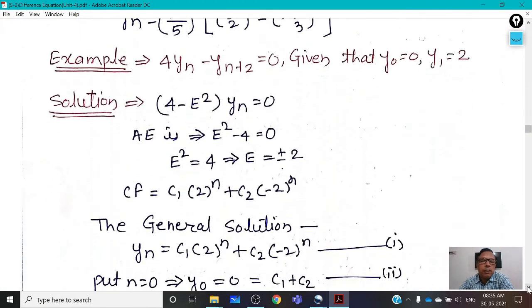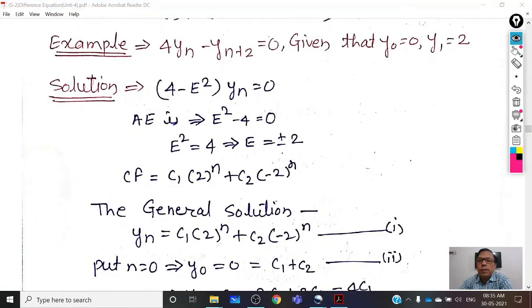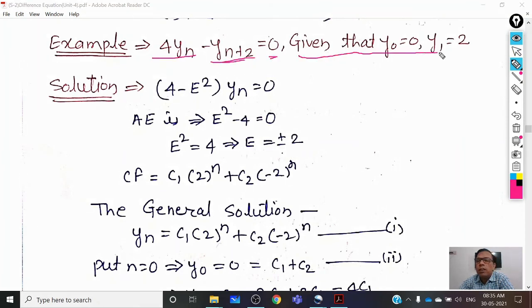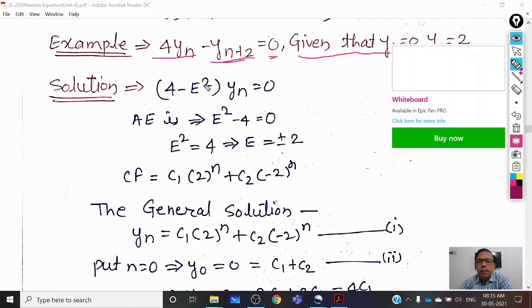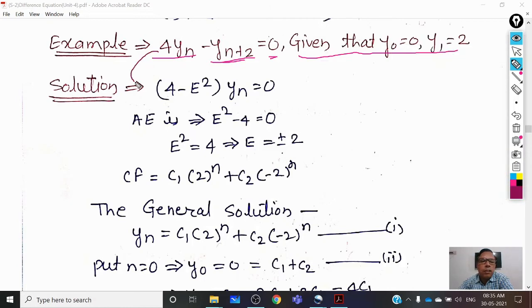So next question is solve the difference equation 4y_n minus y(n+2) equal to 0. Given boundary conditions are y0 equal to 0 and y1 equal to 2. So the above equation can be written in the form of (4 minus E square) y_n equal to 0.